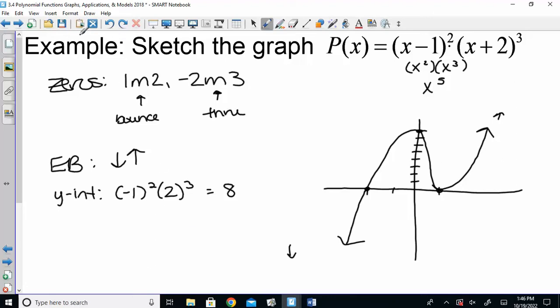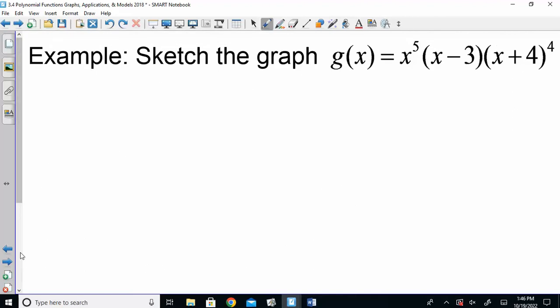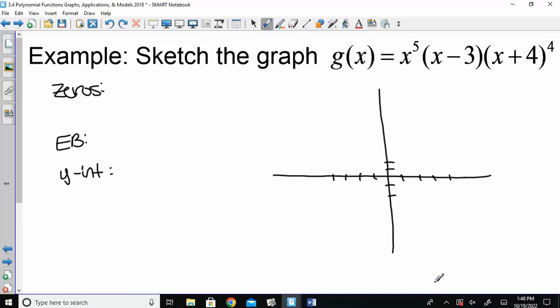Why don't you guys take a minute on the last one and see if you can run through the list of information. Let's check what you have.